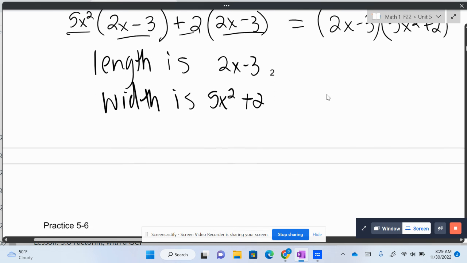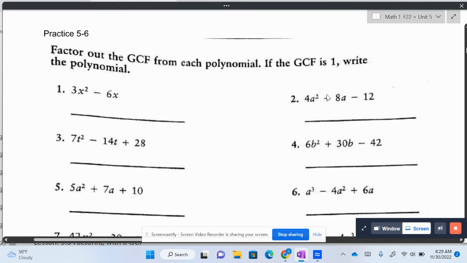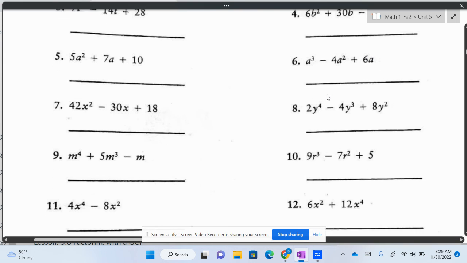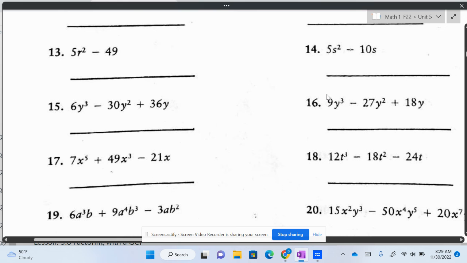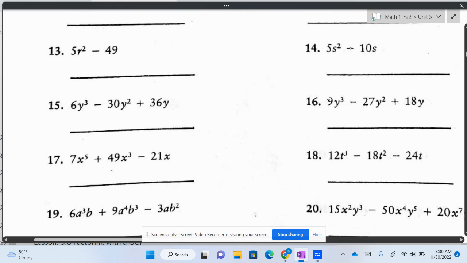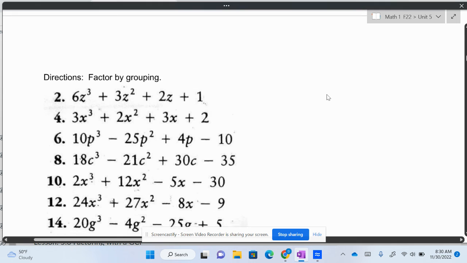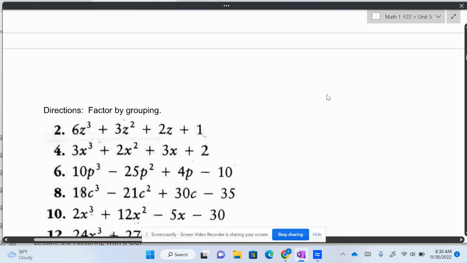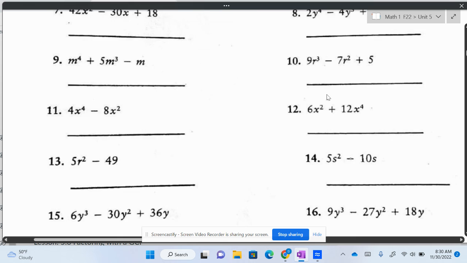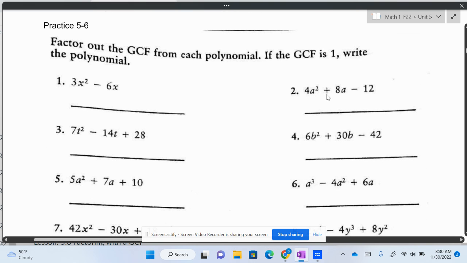Homework for today is pages 3 and 4. You're factoring by pulling a GCF out of the first one, and in the second one you're doing factoring by grouping. Notice that the second assignment is only evens, so we're going to make the first assignment only odds.